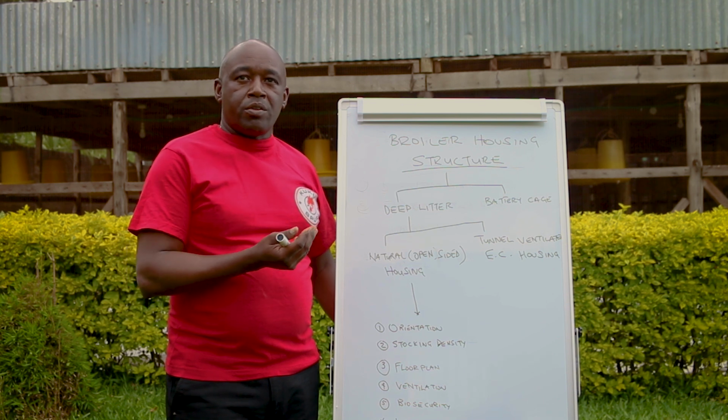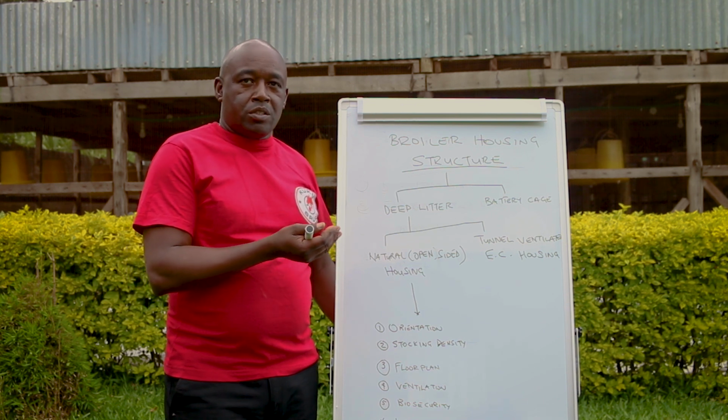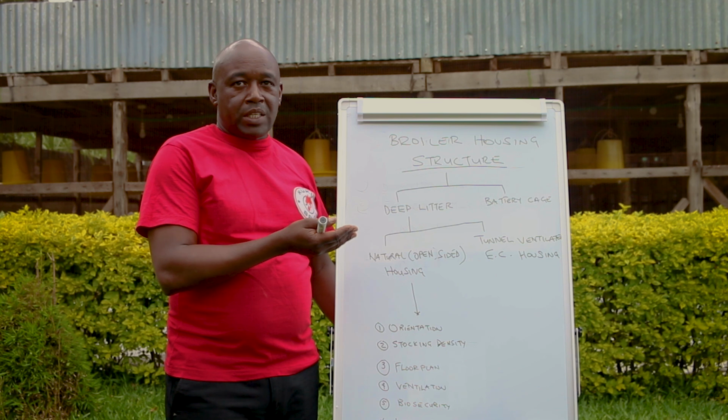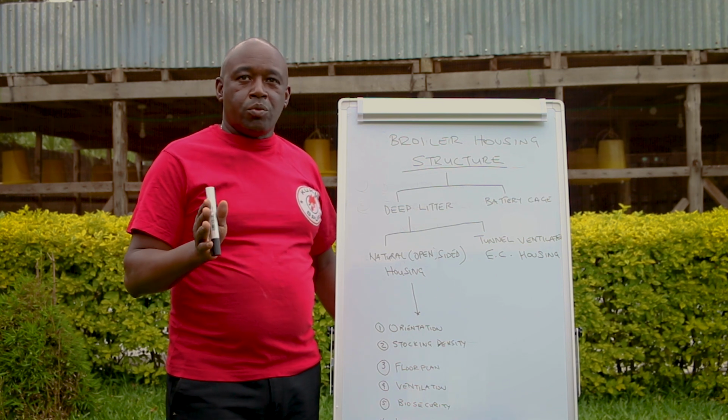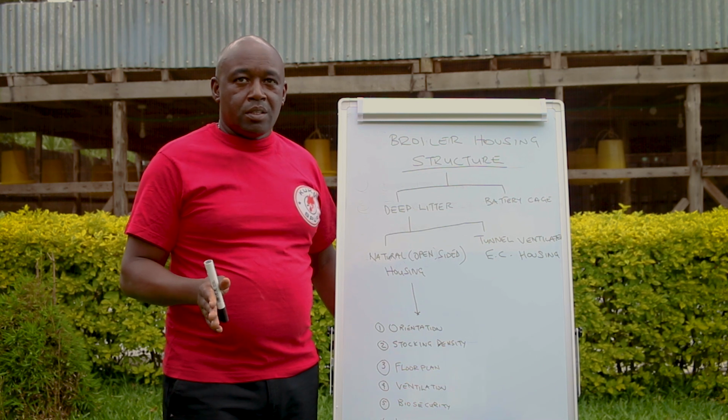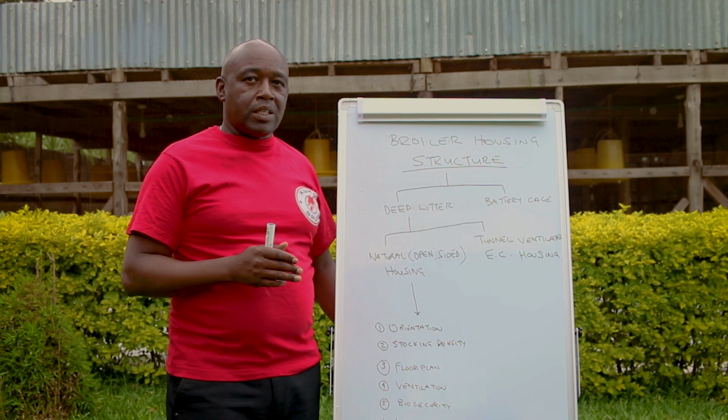Birds are also going to crowd on the other side, which is cooler because there's no sunlight getting in. So sunlight is good, but it is not good when it gets into the chicken house. That's why it must be east to west oriented.